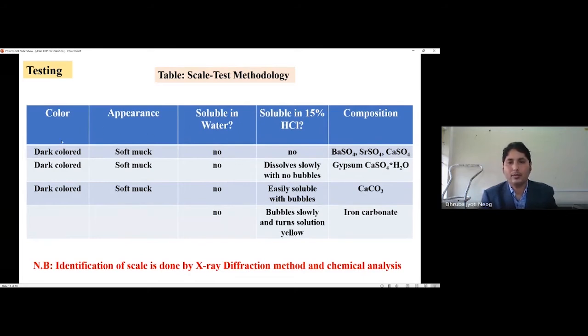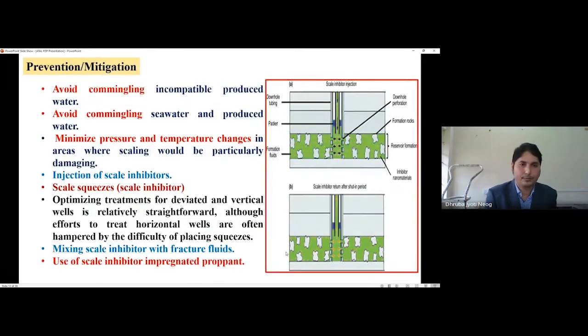This is because, based on the different types of scales, the measures required to contain them will be different. Identification of scale is also done by X-ray diffraction method and chemical analysis. Therefore, it is required to avoid this scale deposition in the entire oil well production system.